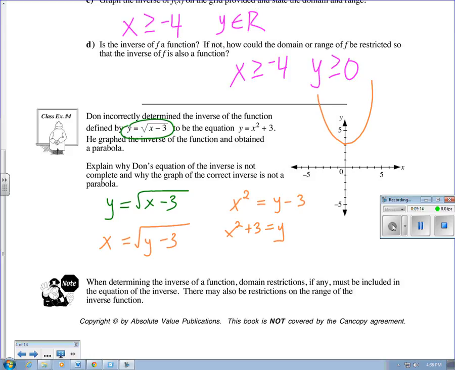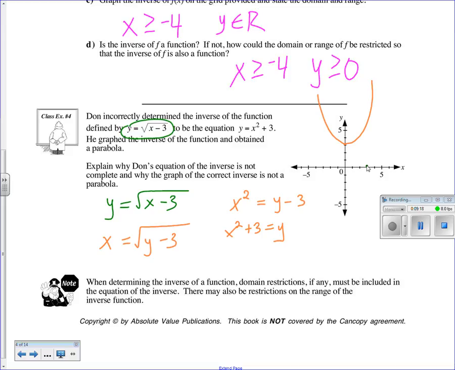It would have started at the x-axis at 3 and then opened up and went on for infinity in that direction. So I'm pretty happy that both are functions. The green one is a function, the red one is a function, but what's the problem?